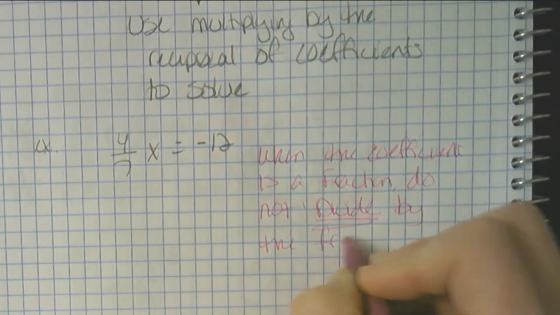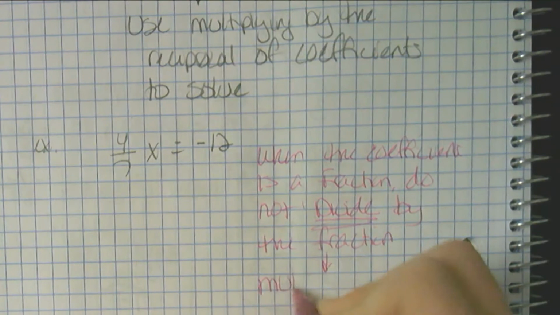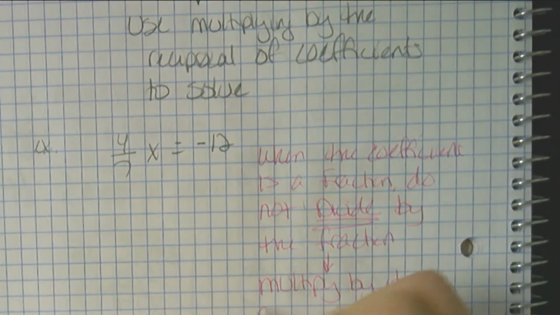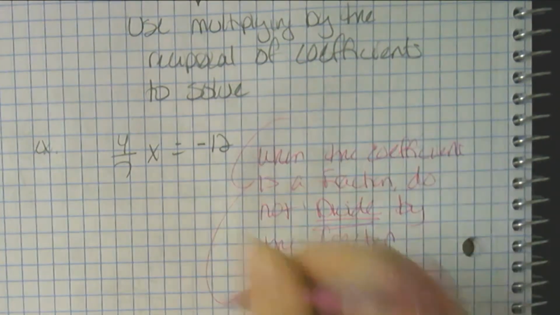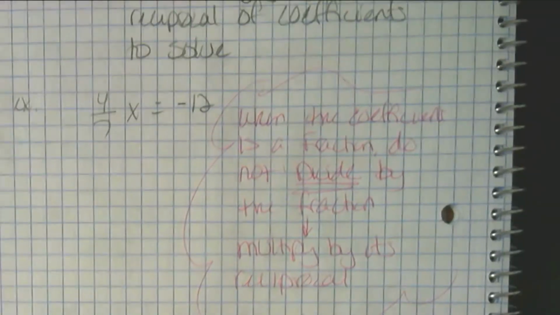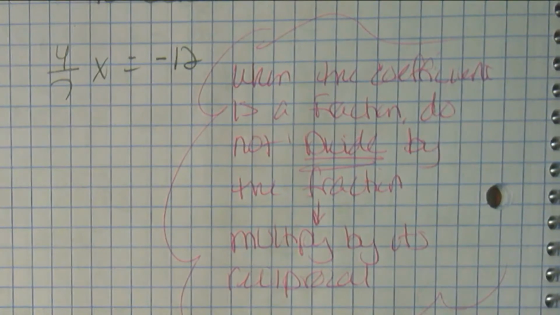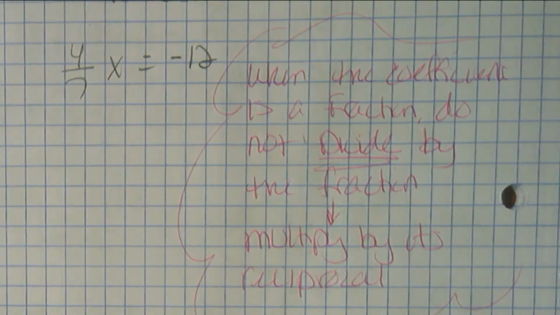It's going to be too confusing. Multiply by its reciprocal. So when your coefficient is a fraction, don't divide by that fraction. It's funky looking. It's going to get you confused. Simply multiply by the reciprocal of the coefficient.